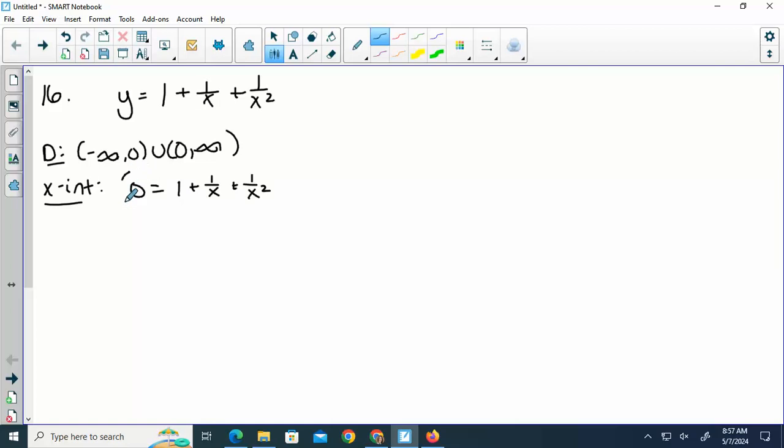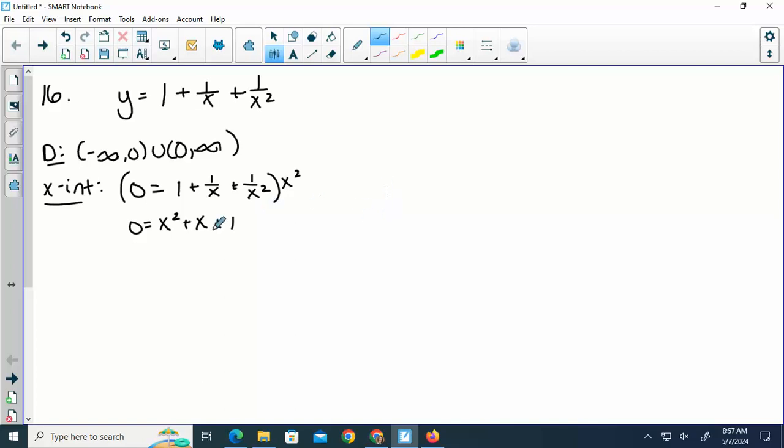So maybe the easiest option here is if you take everything times x squared. Alright, so then we need things that multiply to 1 and add to 1. And does it work?